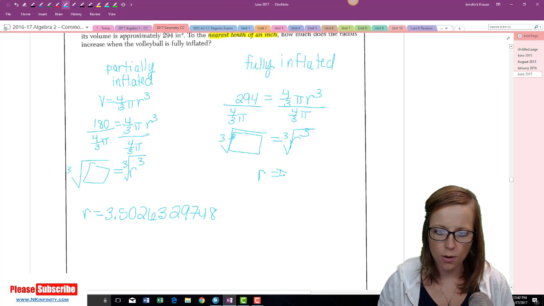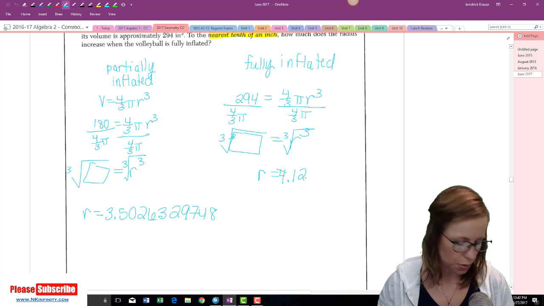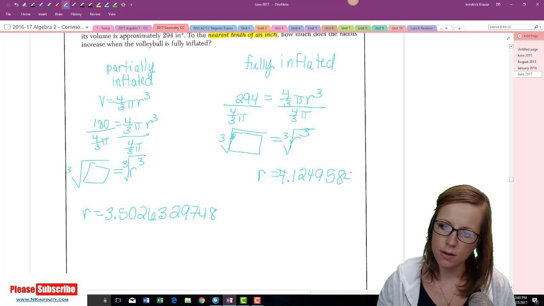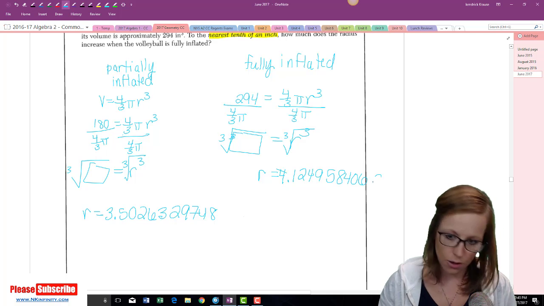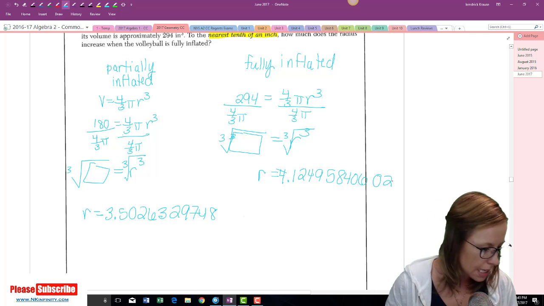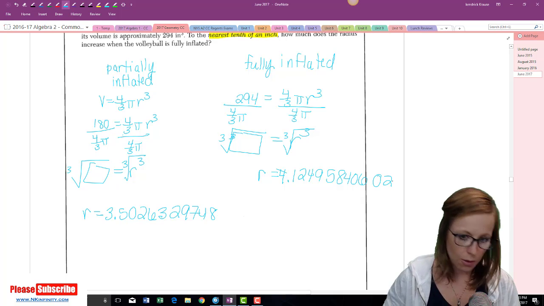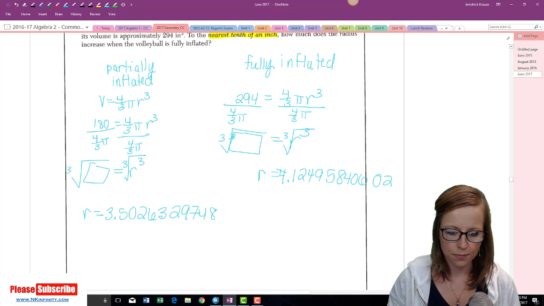Okay, so I'm going to write that number down. 4.12495840602. And it asks how much the radius increases, so I'm going to subtract those two numbers.